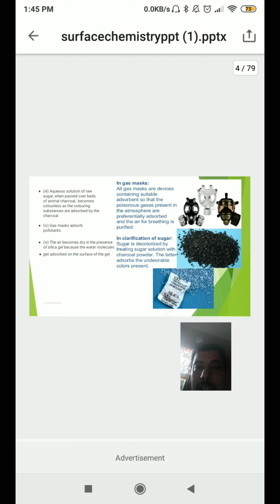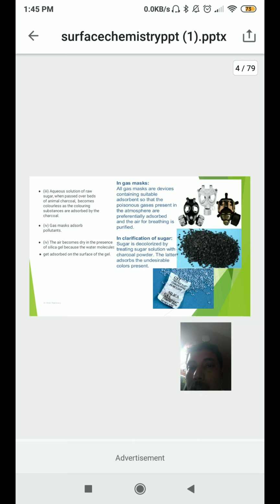These masks contain silica gel or some activated charcoal which adsorbs the poisonous gas, and the gas inhaled by them is in a purified form. Through this slide I tried to make clear the actual phenomenon through which people get purified air.